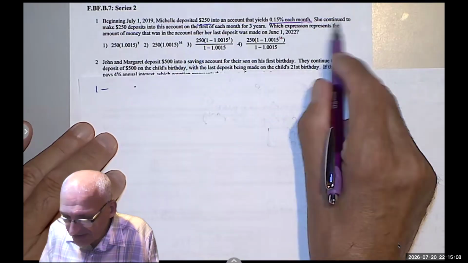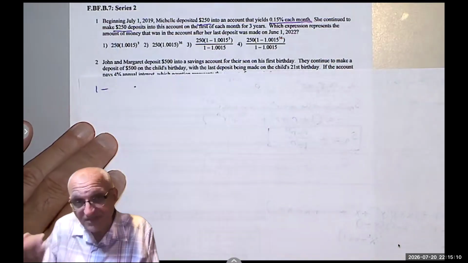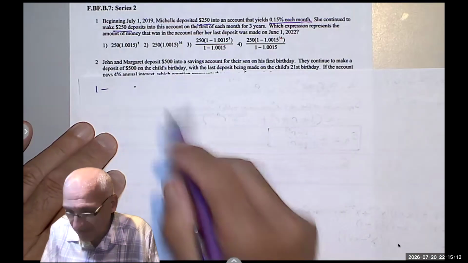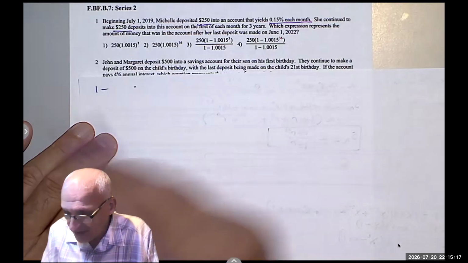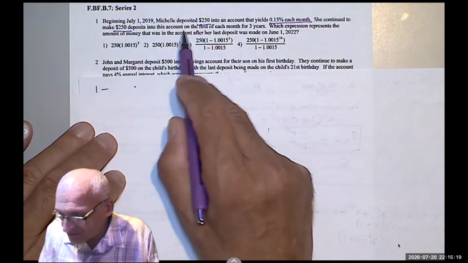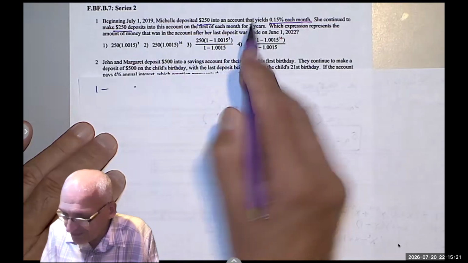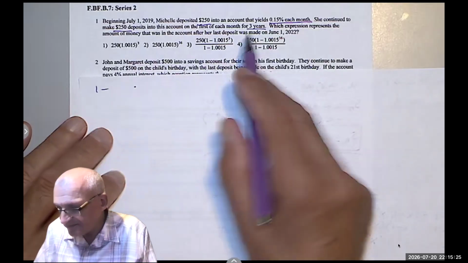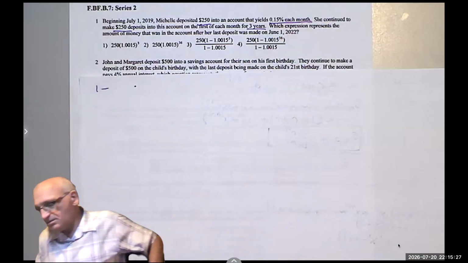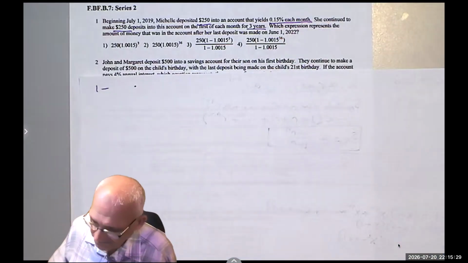She continued to make 250 every month. Okay, so this is not once. Be careful. Into this account on the first of each month for 3 years. Which expression would give the money after she deposited the last one on June 1st, 2022?